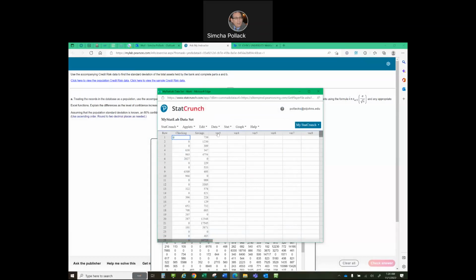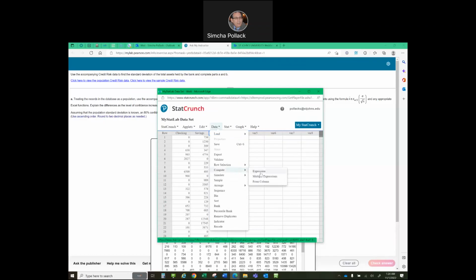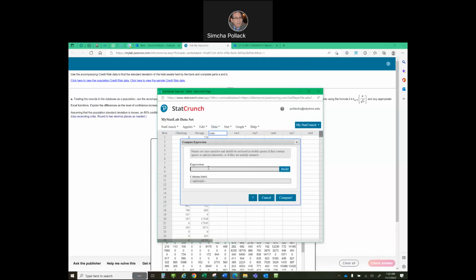Let's create a column called the sum. And I believe we can do that by going to Data, Compute, an expression. And the expression is going to be checking plus savings.